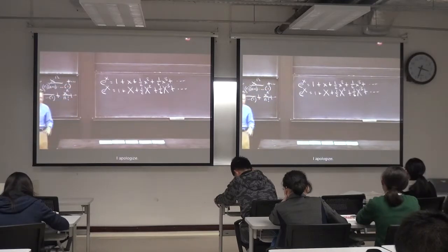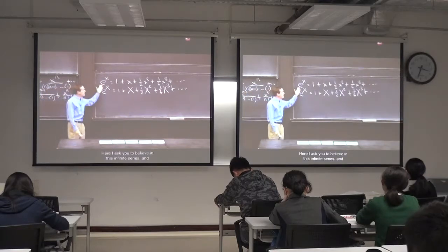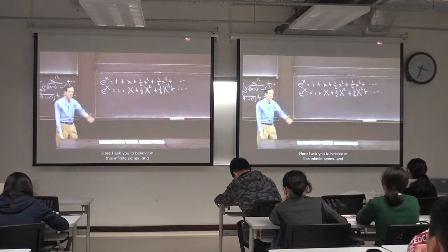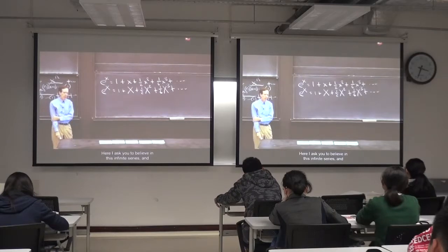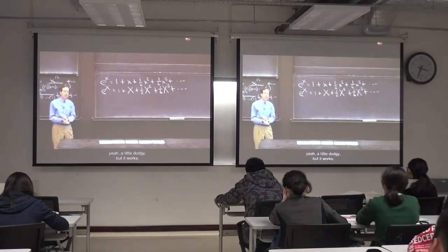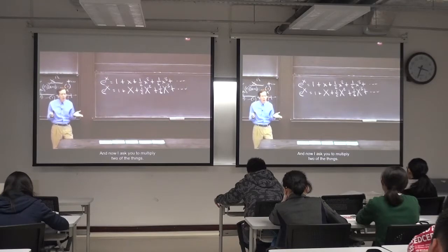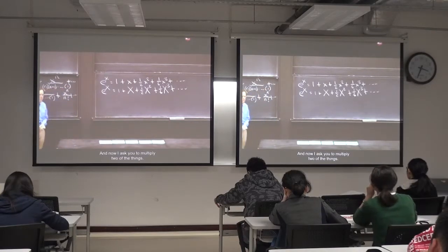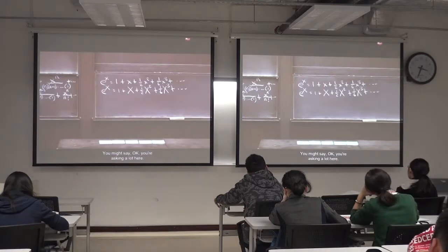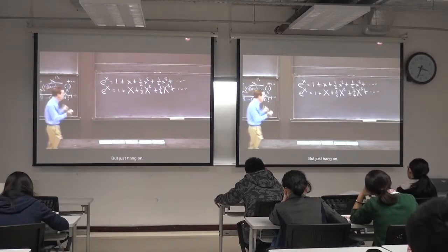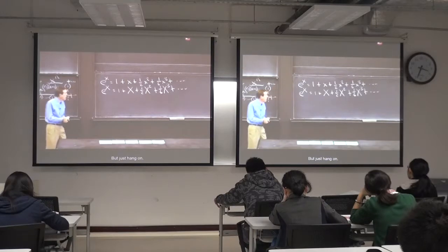Okay, I apologize. Here I ask you to believe in this infinite series, and kind of a little dodgy, but it works. And now I ask you to multiply 2 of the things. You may say, okay, you're asking a lot here, but just hang on.